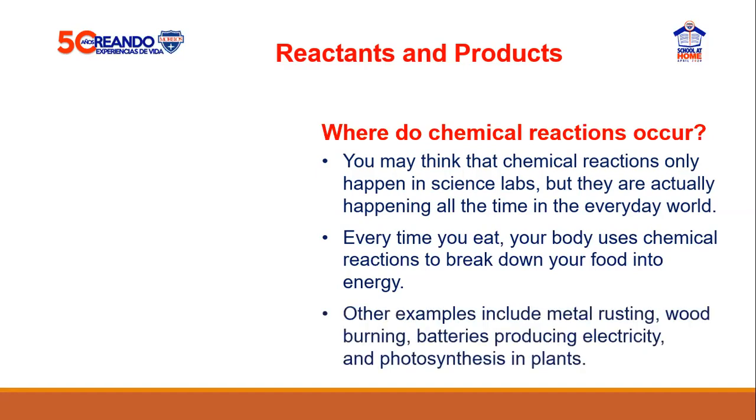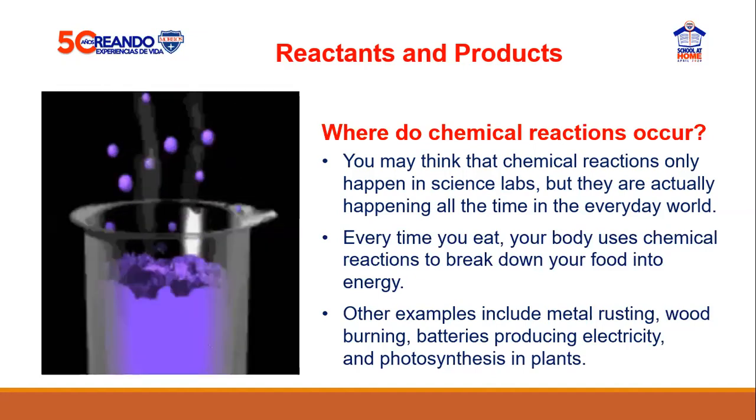And other examples, as we have seen, include metal rusting, wood burning, batteries producing electricity, for example, in your cell phone, and obviously photosynthesis in plants, a process that is not obvious, right? Because we don't see it, but it still happens in nature.